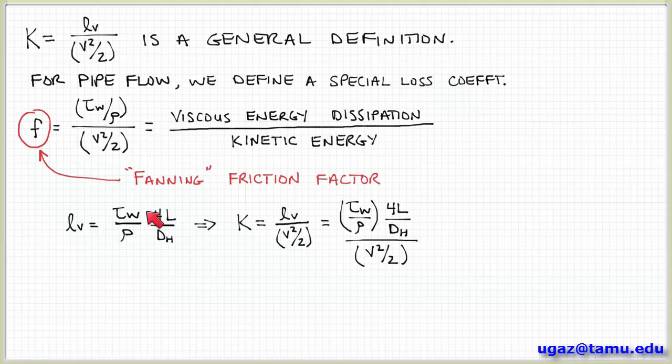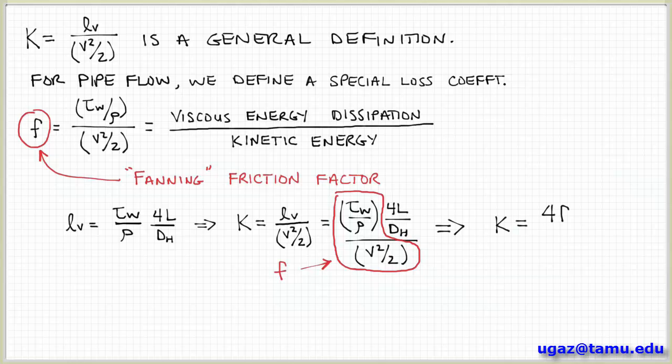So basically we take this collection of terms and divide it by 1/2 v squared. And so notice then that this collection of terms that I've circled in red is equal to this fanning friction factor f, which we defined as being a ratio that is specifically relevant for pipe flow. So we've separated out the terms that depend only on the geometry of the pipe.